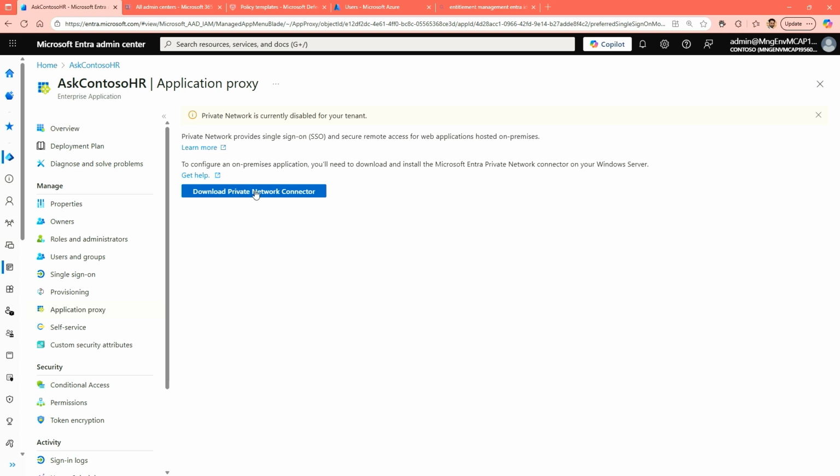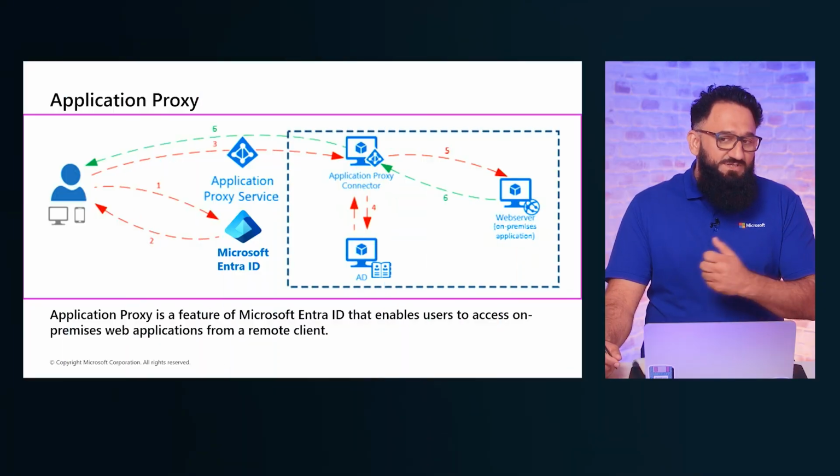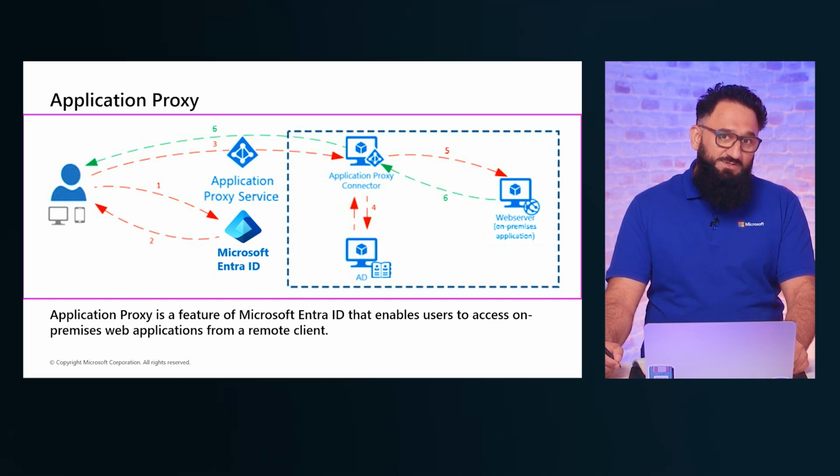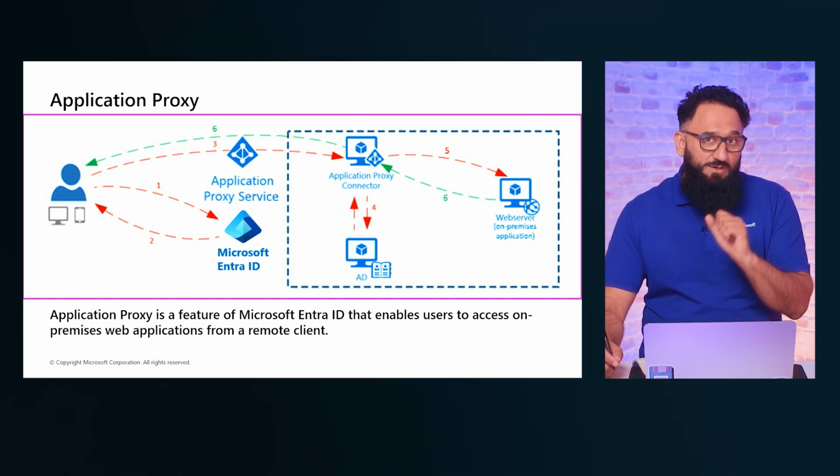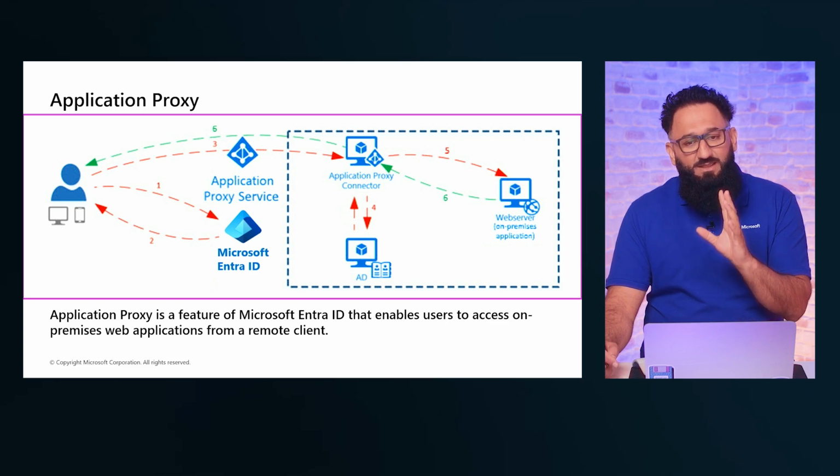Now, what is an application proxy and how does it work? Let's have a quick discussion about that on the PowerPoint. Let's have a quick chat about what application proxy does. Looking at this diagram, we'll break it down into parts to understand what application proxy does.